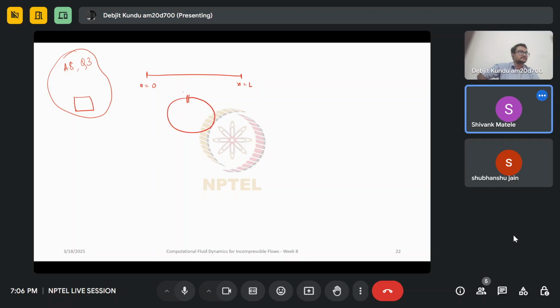This is your x equal to 0, this is your x equal to L. So mathematically, you will write that u at 0 equals u at L. Or in index notation, u at i equal to 1 should be equal to u at i equal to n. This is for u, it could be anything: v, w, z, t. So you make the domain periodic.